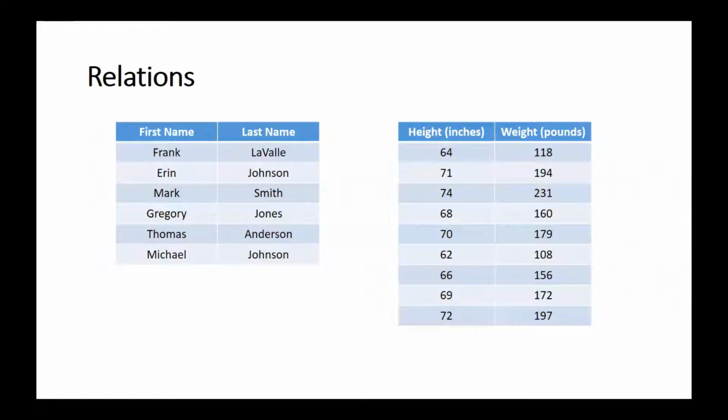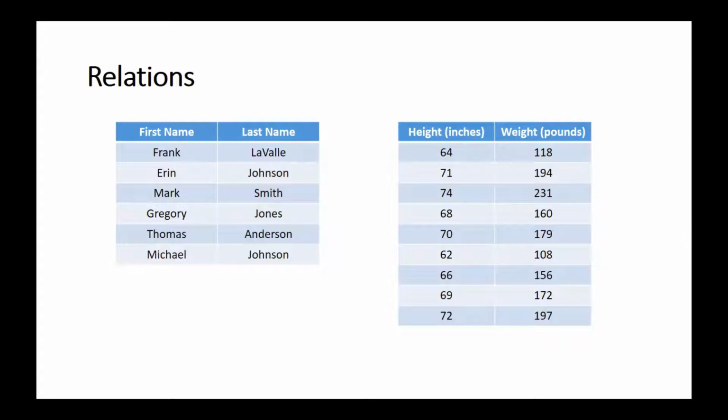Here are a couple examples of relations. On the left-hand side, we have people's names. First name and last name. The first name relates to the last name. Frank LaValle, Aaron Johnson, Mark Smith, Gregory Jones, Thomas Anderson, Michael Johnson.